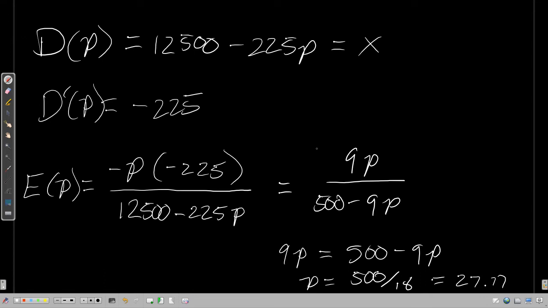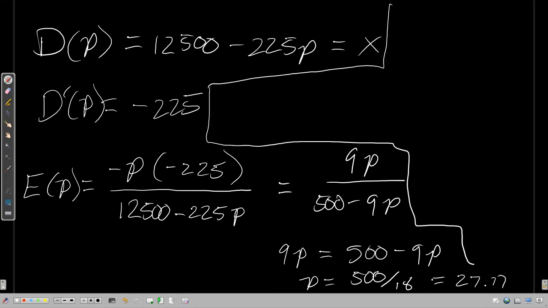If the price were any lower than that, well, it's a more challenging question to find the price that puts E of P between 0 and 1 and 1 to infinity.